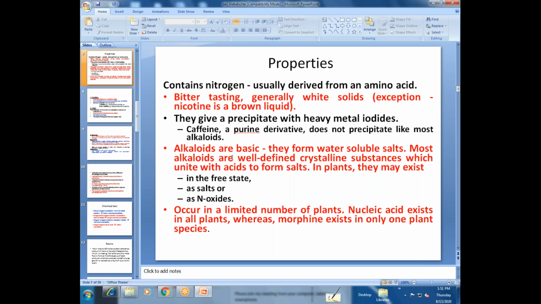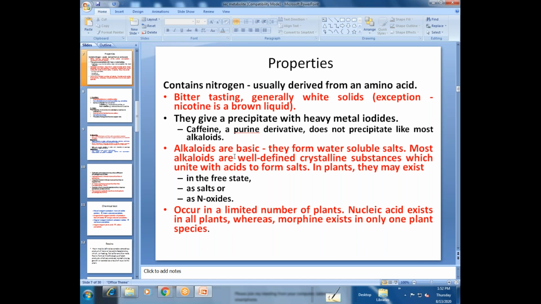They give a precipitate reaction with heavy metallic iodides. Caffeine does not precipitate like most of the alkaloids. So in the tests for alkaloids, we use either potassium iodide in iodine, mercuric iodide in iodine, or potassium bismuth iodide in iodine. These heavy metal iodides give a precipitation.